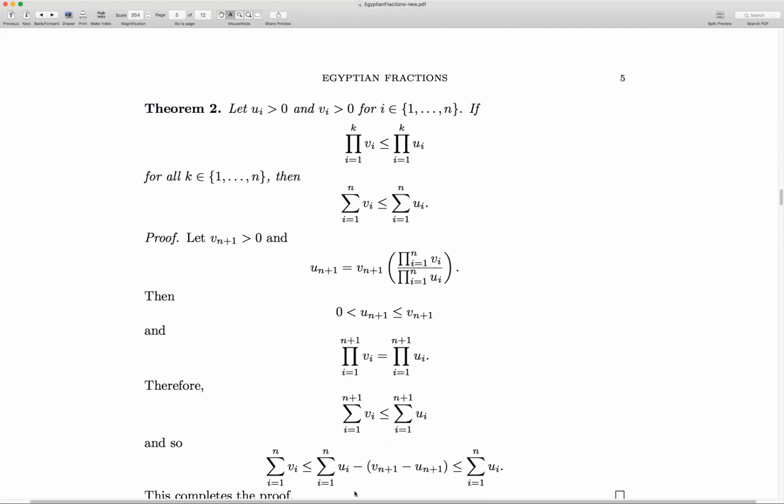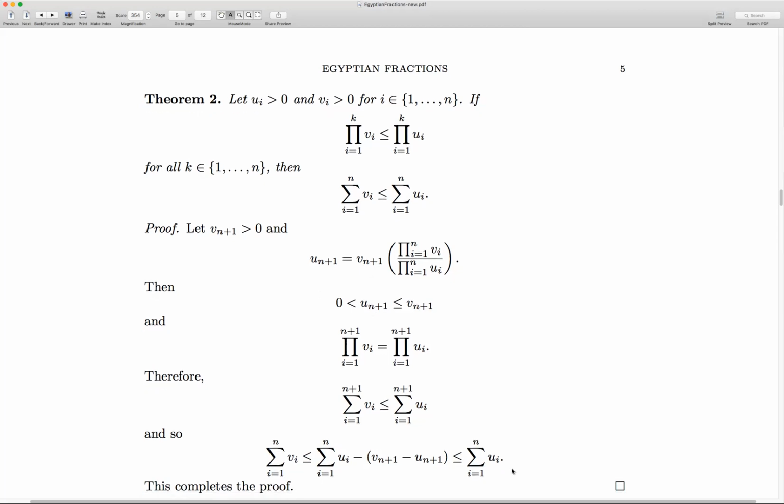But the sum of just the first n numbers is then less than or equal to the sum of the first n plus 1 numbers, plus U sub n plus 1 minus V sub n plus 1. And V sub n plus 1 is greater than or equal to U sub n plus 1, so this is something non-negative. So this is less than this.